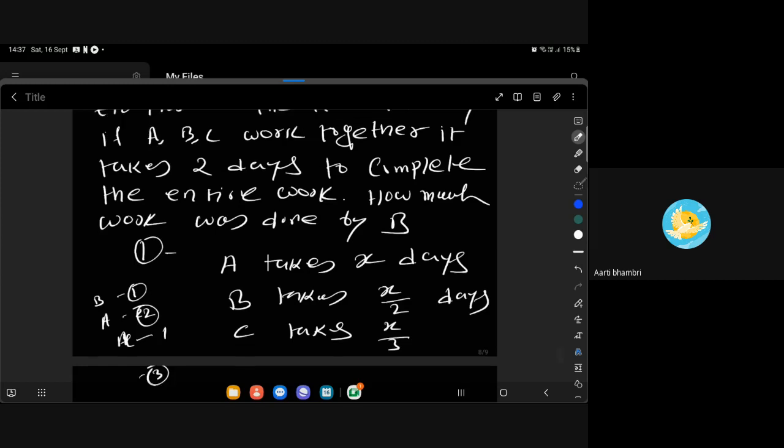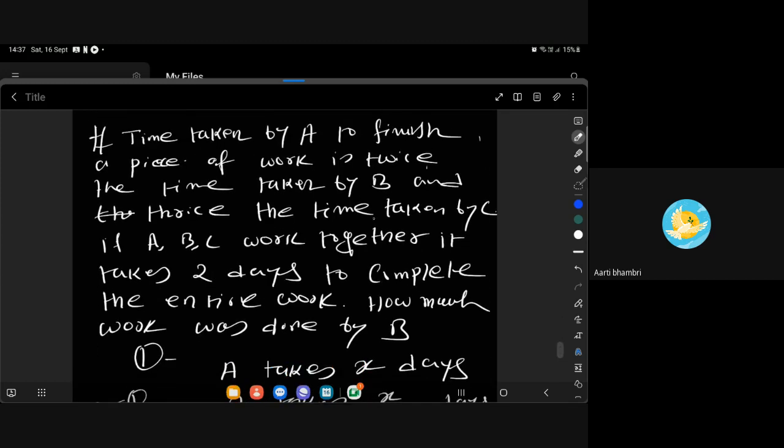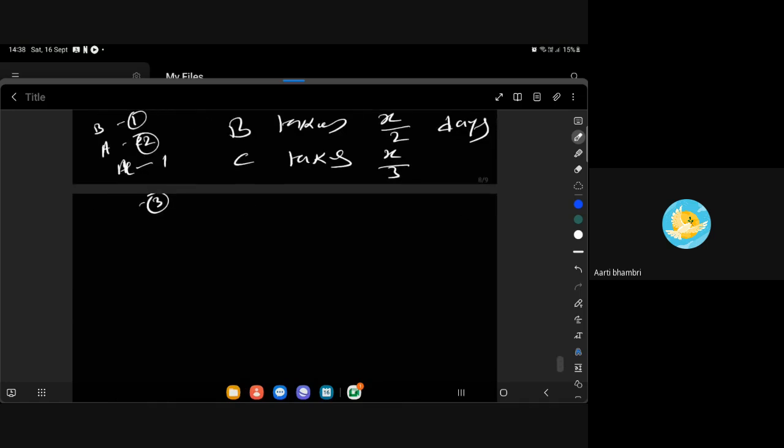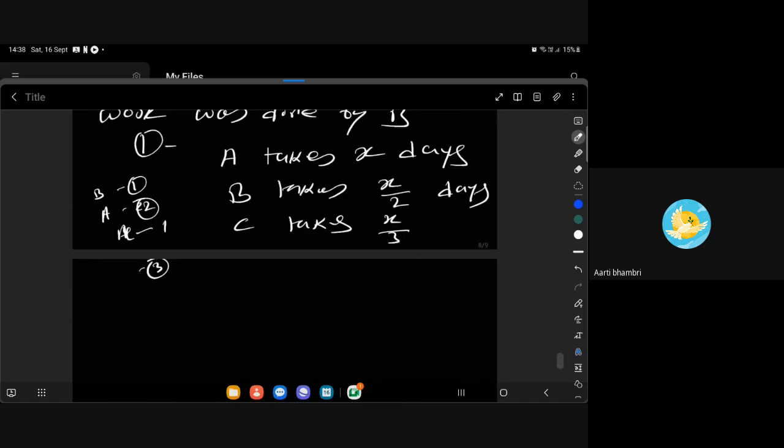A is taking double the time of B, and if you compare C, then A is taking thrice the time of C. If C can do the work in 1 day, A is taking 3 days. So can I write that C is taking 1/3 of A? If A can do the work in 9 hours, C can do it in 3 hours. Reverse, just reverse.